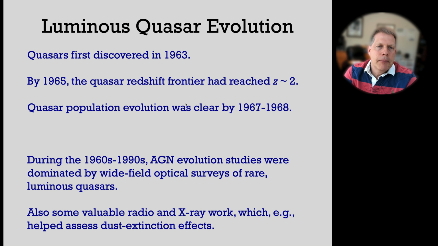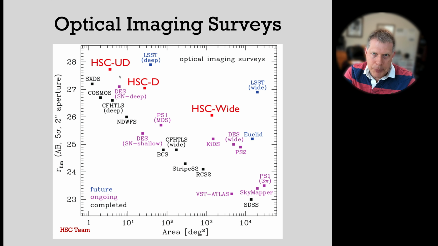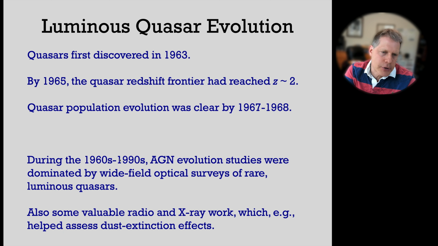Okay. Anyway, these types of surveys, optical imaging surveys and optical spectroscopic surveys, were the driving force, I would say, in AGN evolution studies during the 1960s to 1990s.